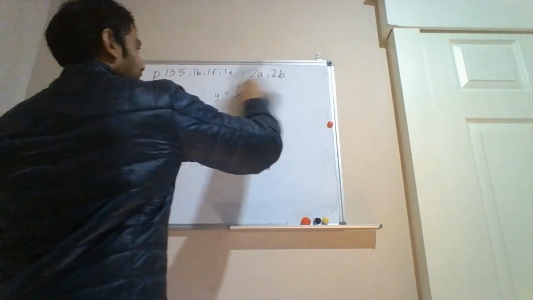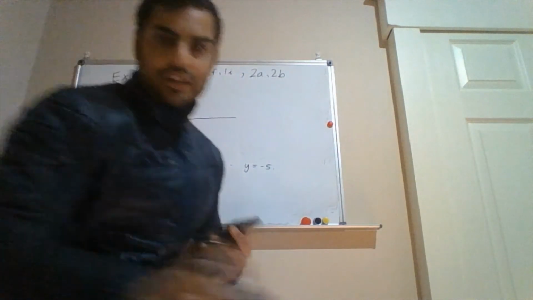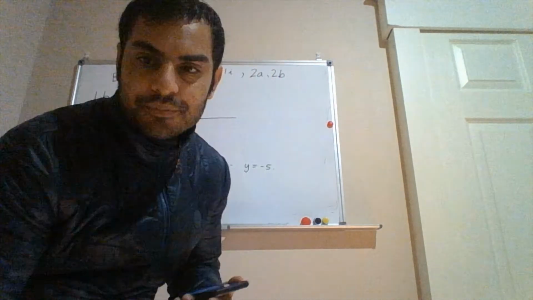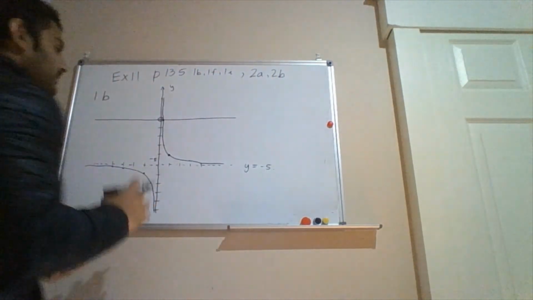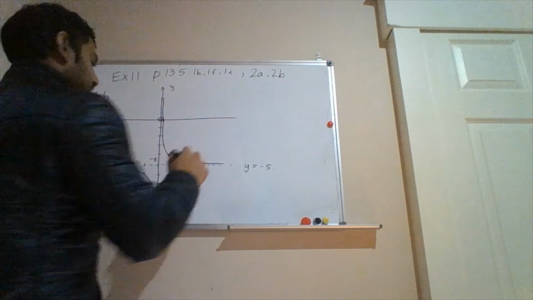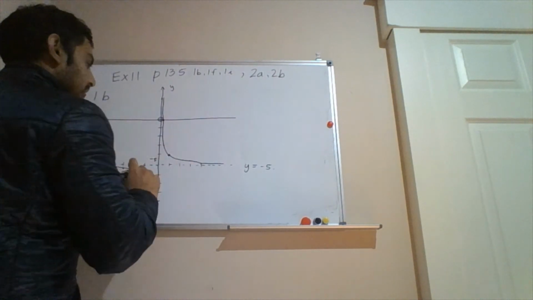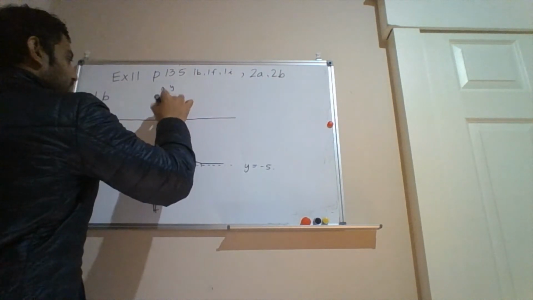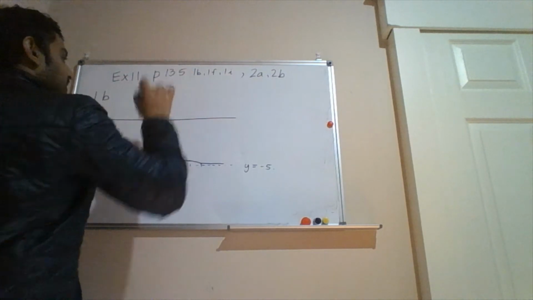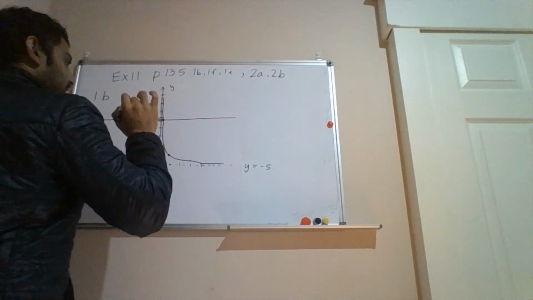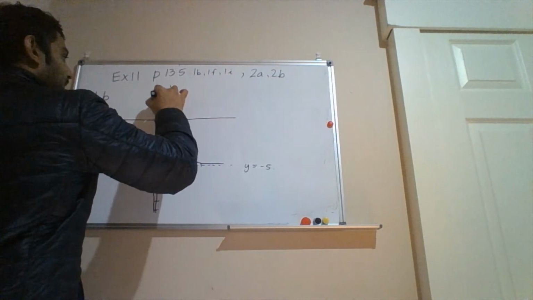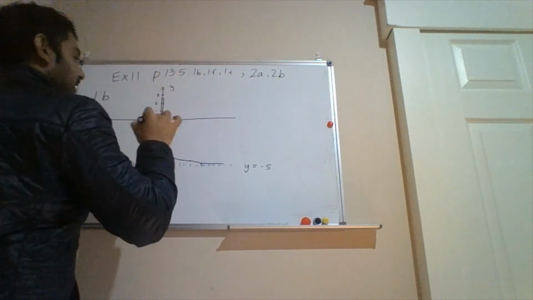And lastly, we need to plot the straight line graph. Okay, so just before we do the plotting of the straight line graph, I just want to fill in my x coordinates and y coordinates. So this is our origin 0, and I'm going up 1, 2, 3.